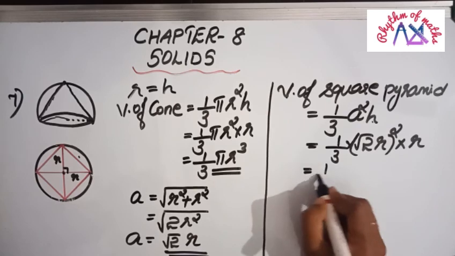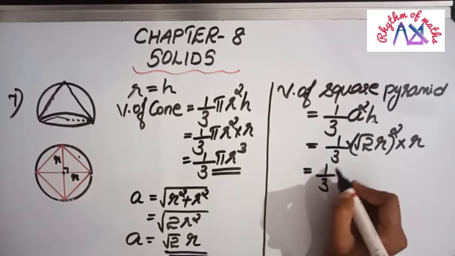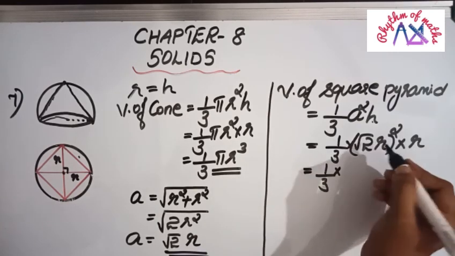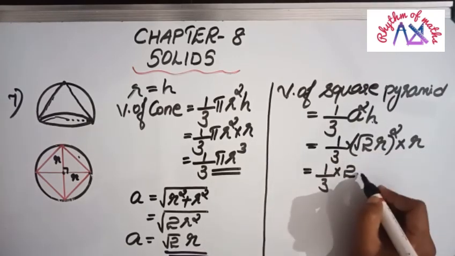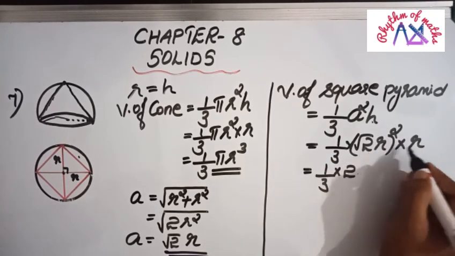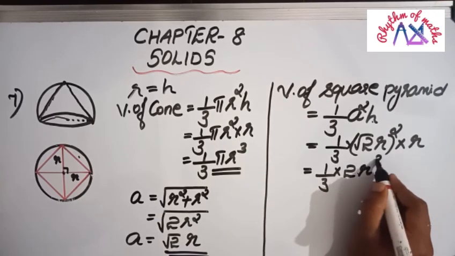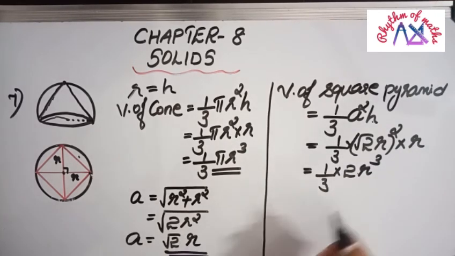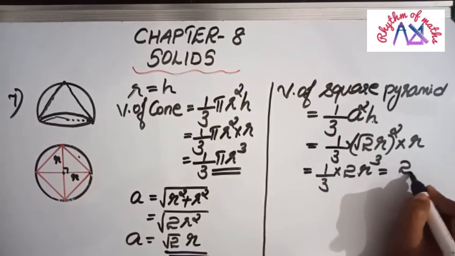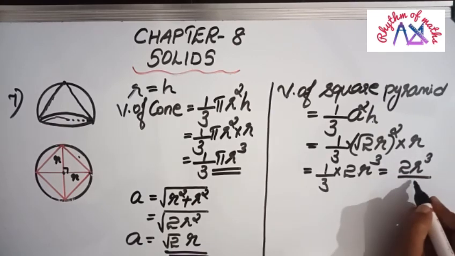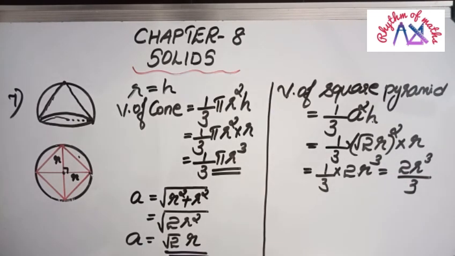That is equal to 1 by 3 into root 2 square and r square. Root 2 square is 2. R square is r square. Now r square into r, so let's write it as r cube. Okay. So 1 by 3 into 2r cube is the answer. So 2r cube by 3. This is the answer.